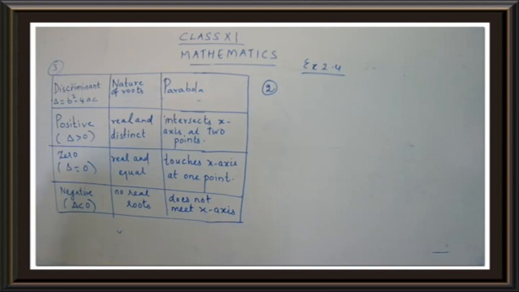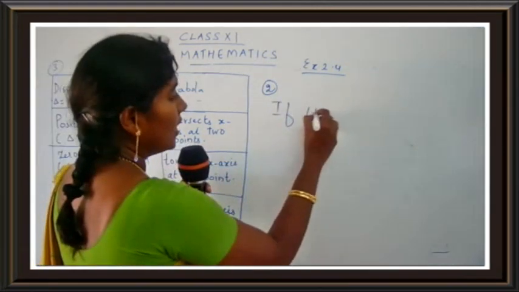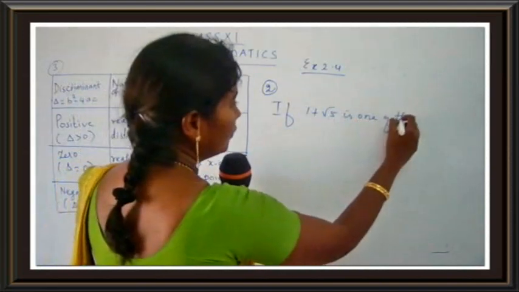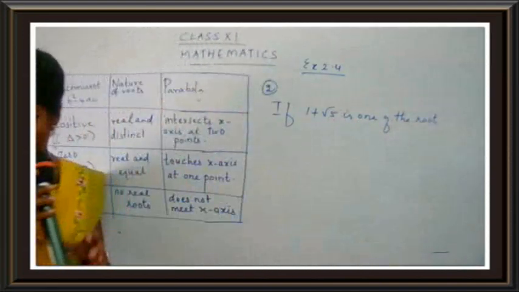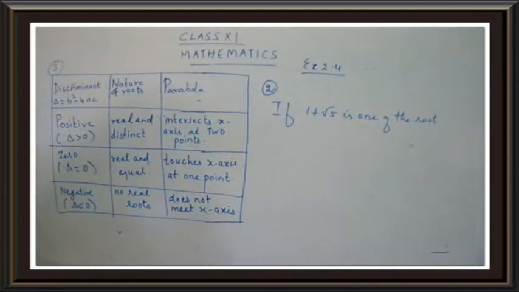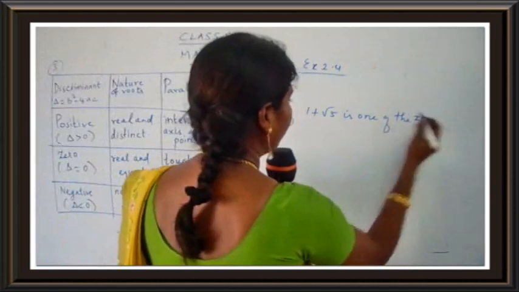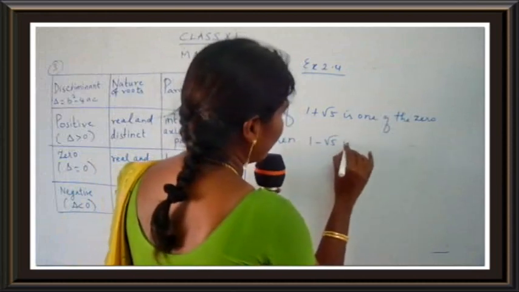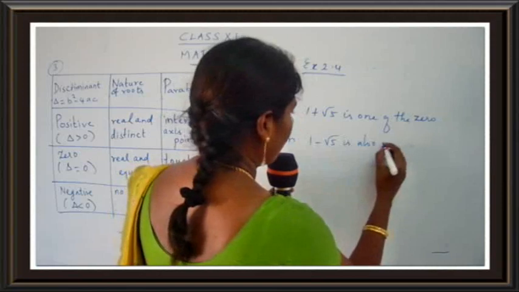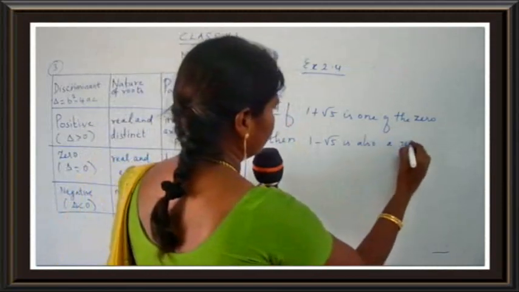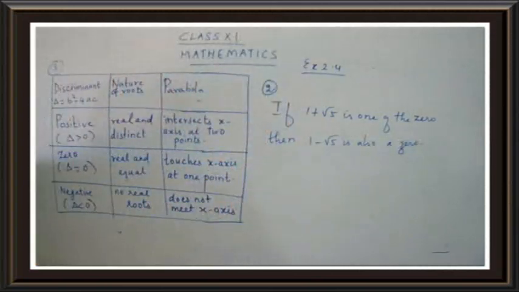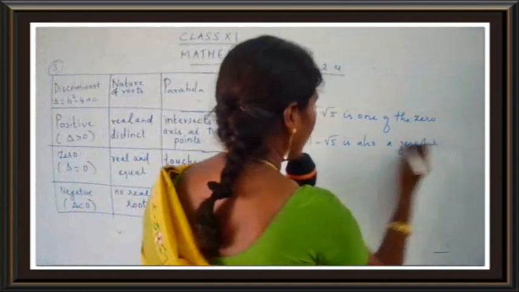Write down: if 1 plus root 5 is one of the 0s, then 1 minus root 5 is also a 0, for a polynomial function.